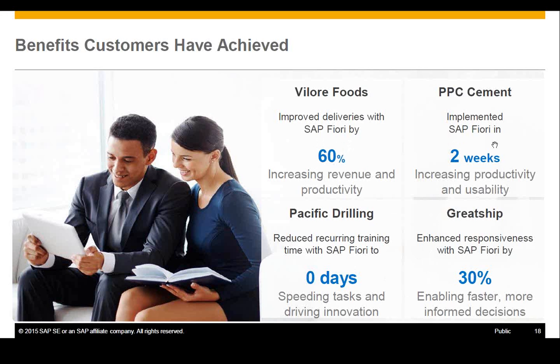Implementation, 2 weeks. Standard Fiori can be deployed fairly quickly. Being able to increase productivity and usability is very important. Enhance responsiveness of SAP Fiori and enable faster and more informed decisions because you have access anywhere, on any device.